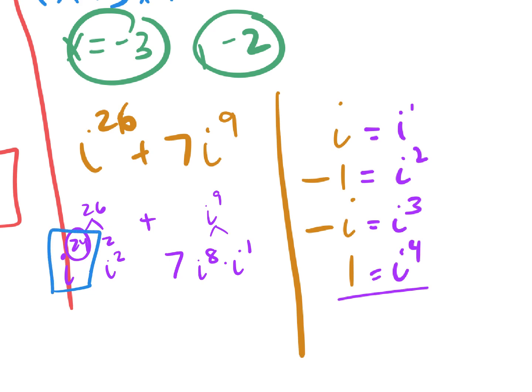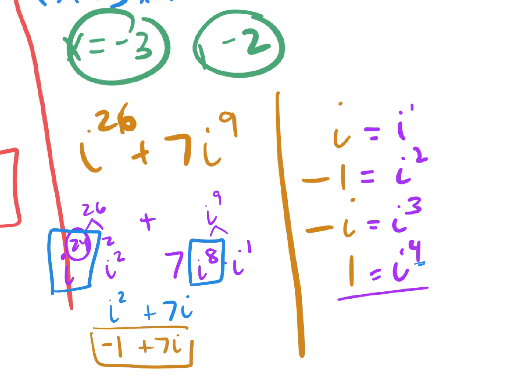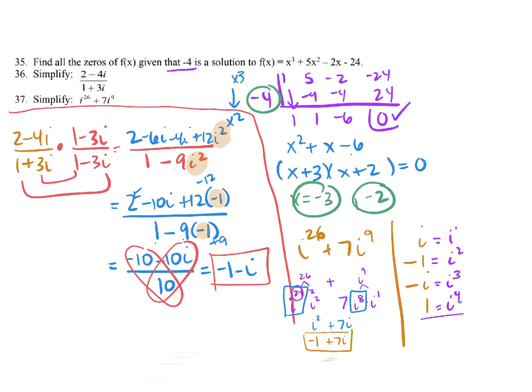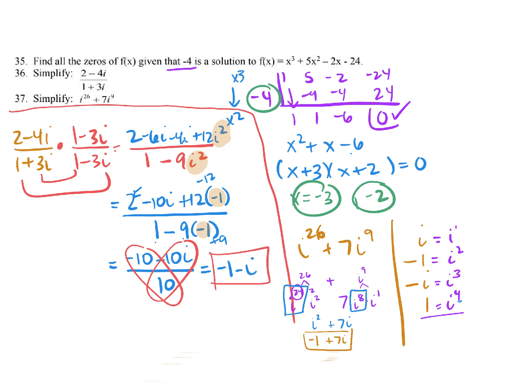And then what's nice is that this and this are equal to 1, because they're divisible by 4. So that means we have i squared plus 7i, but we know i squared is the same as negative 1. So you're really just looking for numbers that are divisible by 4, and then you break down the exponent using I1, negatives in the middle.